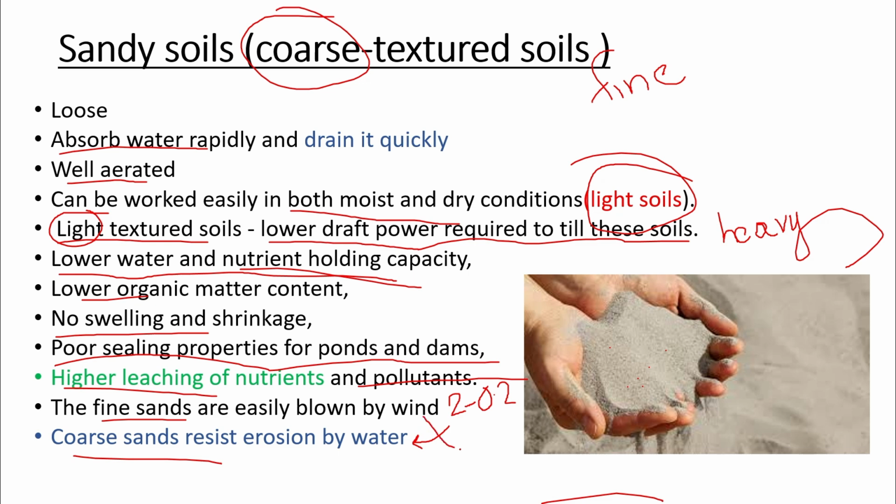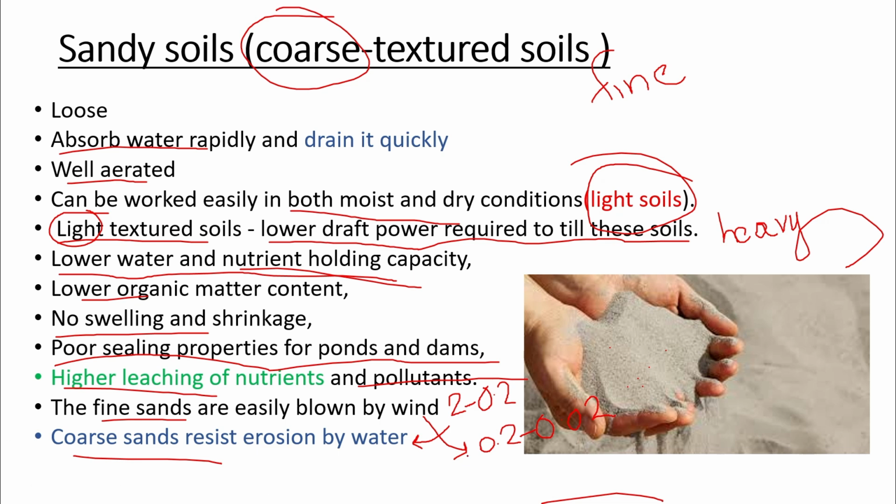Fine sand, how much? 0.2 to 0.02 millimeter.